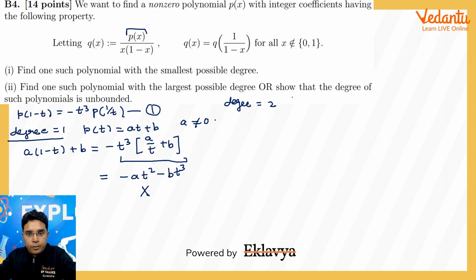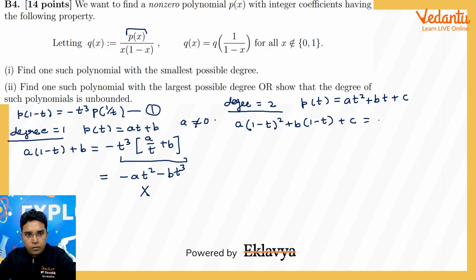So let us see properly that if the degree is 2 and let p of t be equal to at square plus bt plus c. In that case, this left hand side will become a into 1 minus t whole square plus b into 1 minus t plus c, and that will be equal to minus t cube into a upon t square plus b upon t plus c.